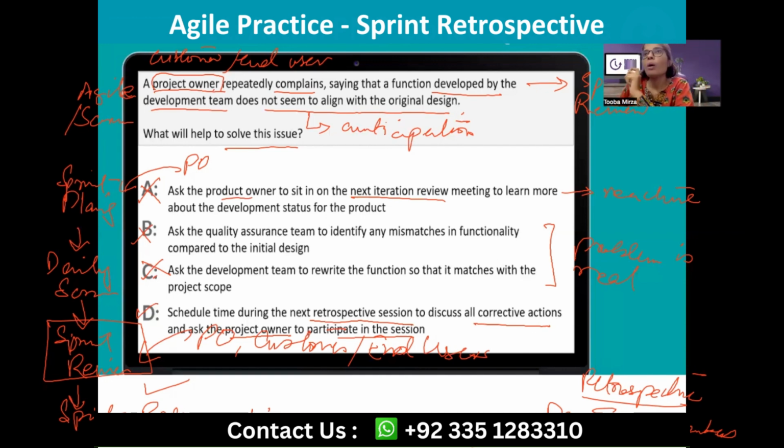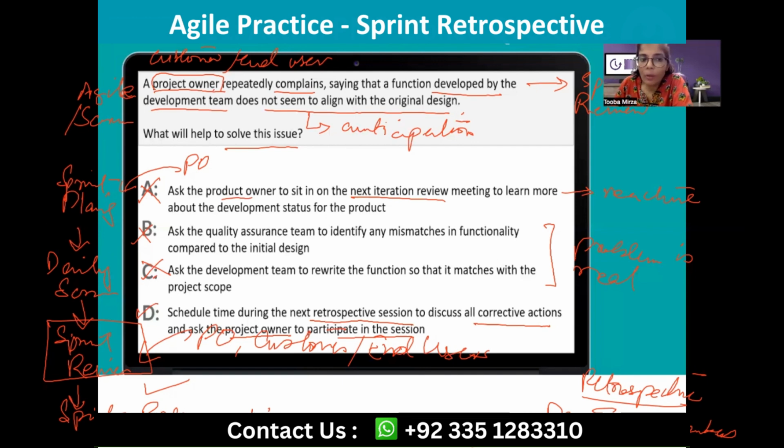As per the core agile practices, once you are in a review session, where whatever you have developed as a team, you showcase to the customers or to the product owner, you are not expected to make any single change in your increment.